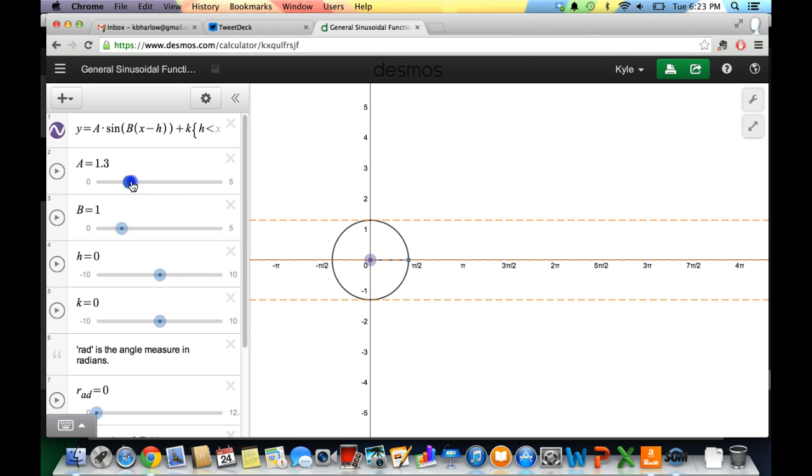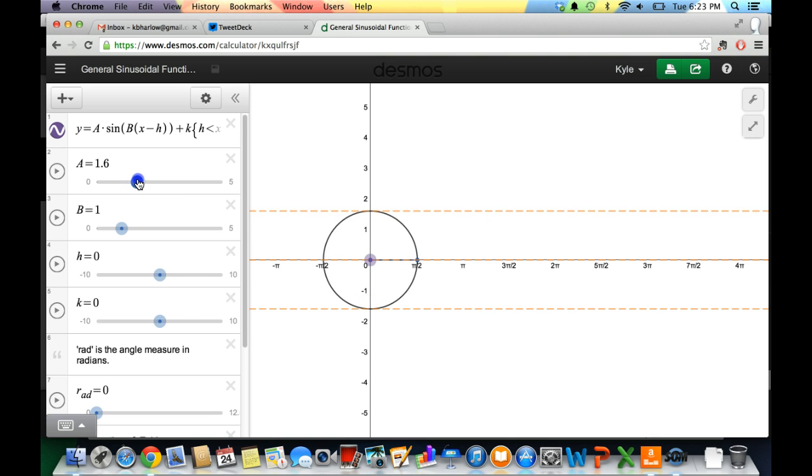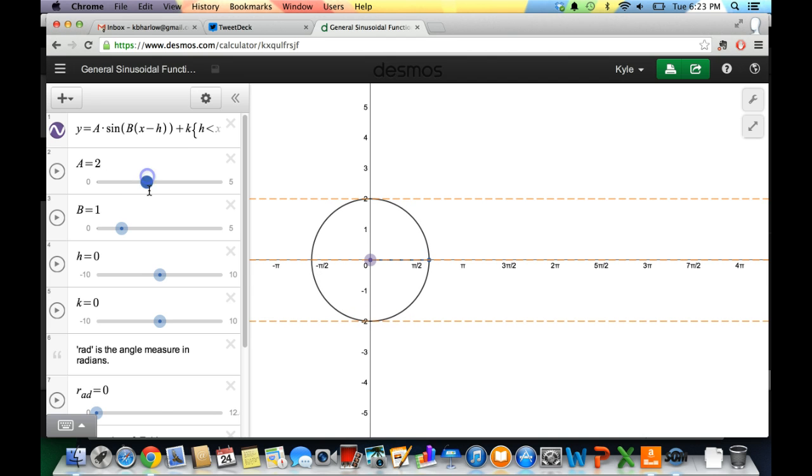What a does is change the radius of the unit circle. So if we change that radius to 2, we get a sine function with a much higher maximum and lower minimum, and as we know, that's called the amplitude of the sine function.